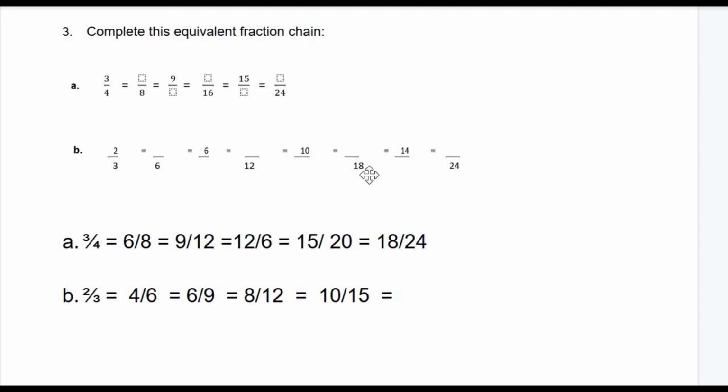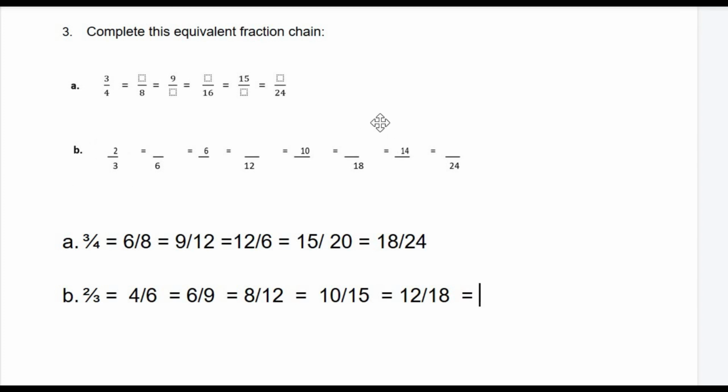All right, we have 18. Now, which number, if we multiply it by 3, we get 18? You guessed it, it's 6. So 6 times 2 is 12. This number is 12, and 6 times 3 is 18. We already have 12 out of 18. Now 14. We should multiply 2 by a number to get 14. That number is 7.